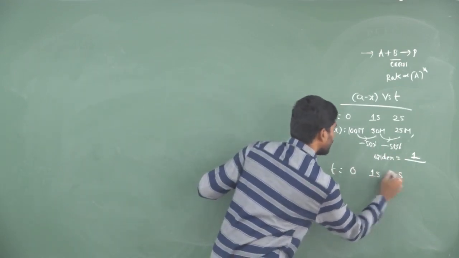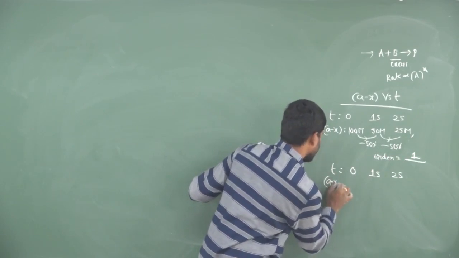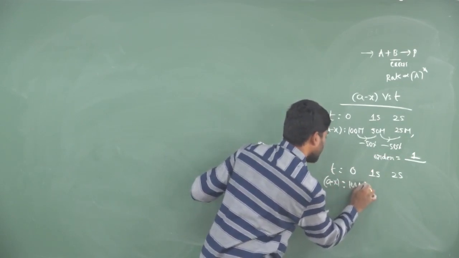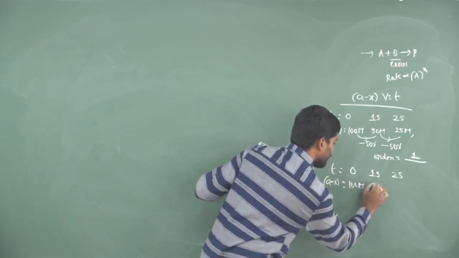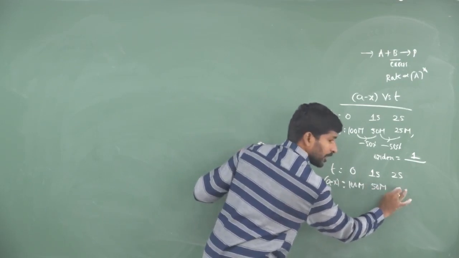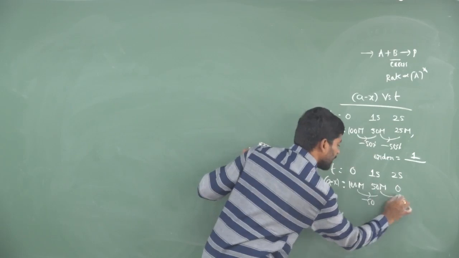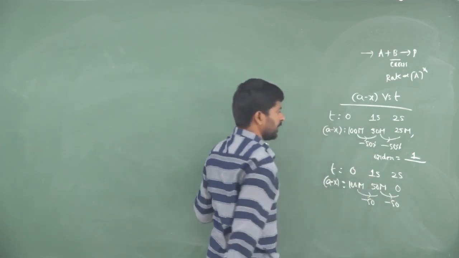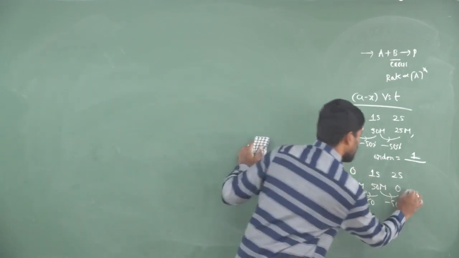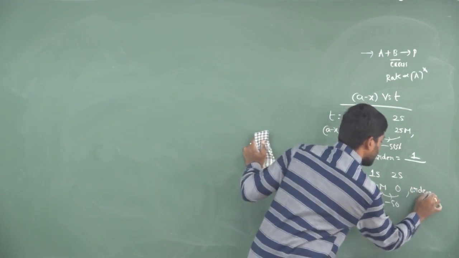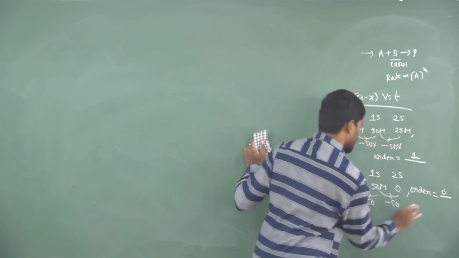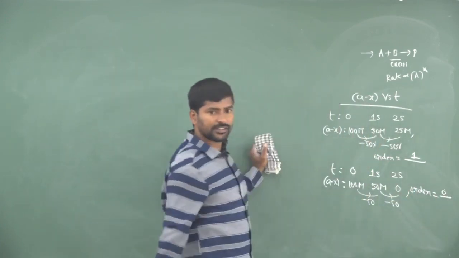Time 0, 1 second, 2 seconds, A minus x. If you start with 100 m and it changes to 50 m, then here it decreased by 50, here also it decreased by 50. Then the order of this reaction is 0. If the same amount decreases, 0 order. If the same percentage decreases, first order.